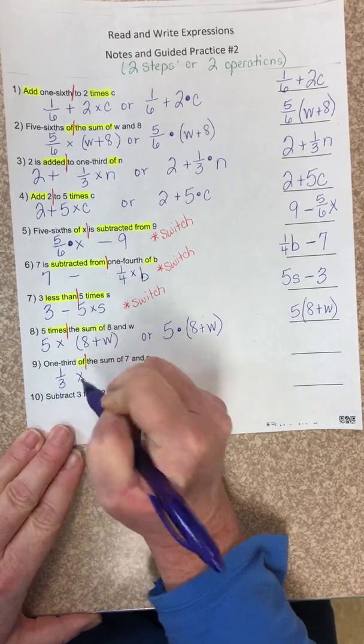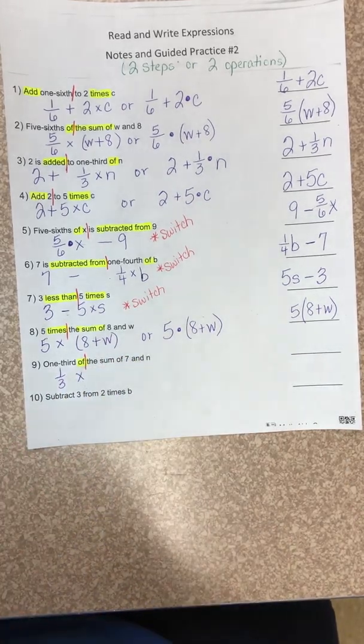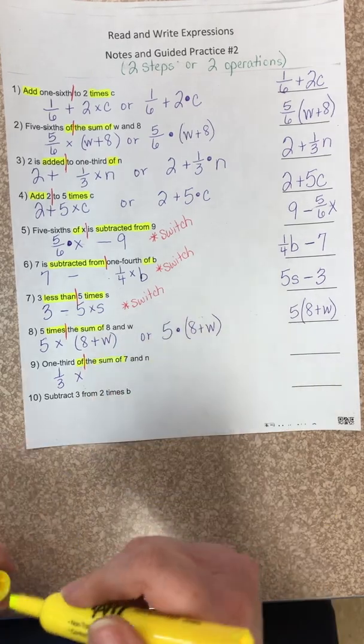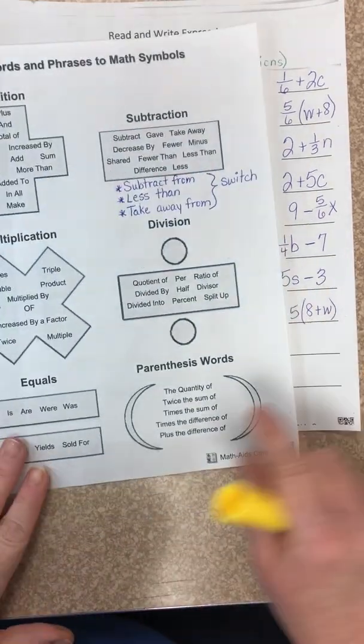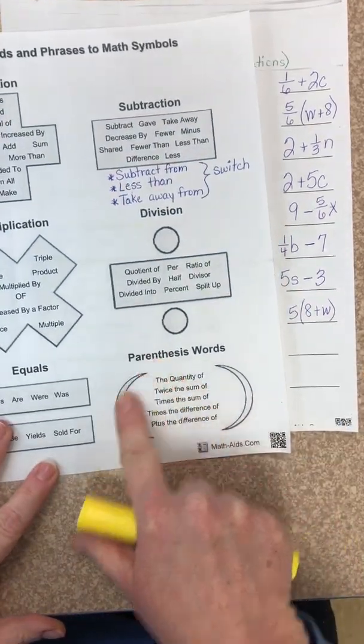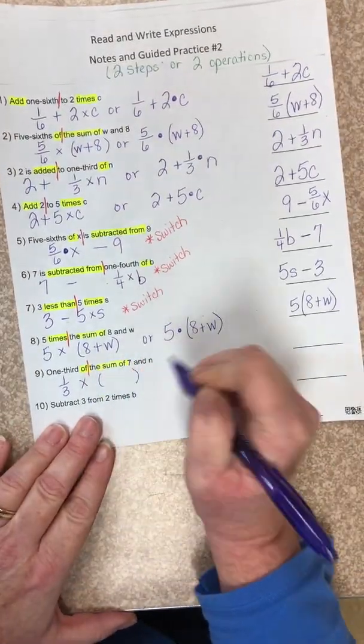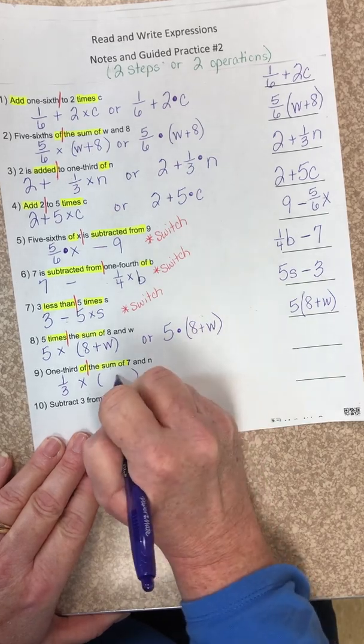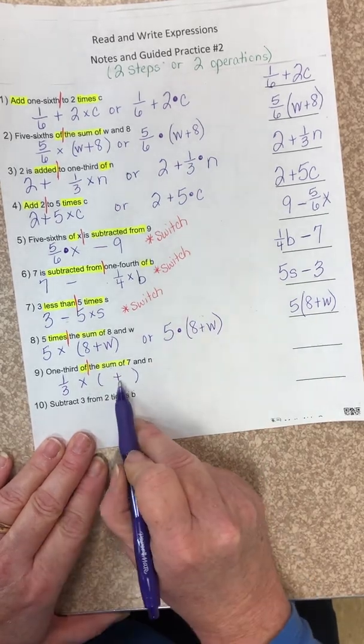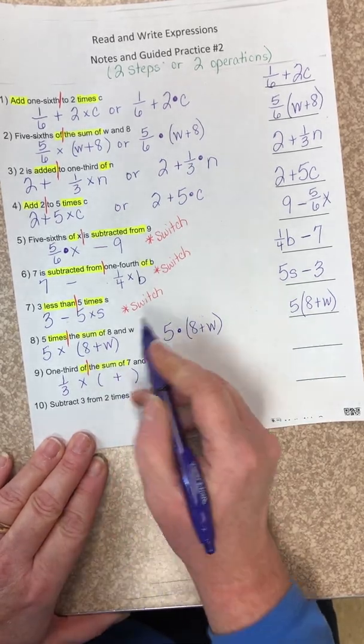Of means to times. Now see the phrase, the sum of. So if we go to our reference sheet, the sum of means we need parentheses. And sum means we're going to add. So what are we adding? 7 and n.